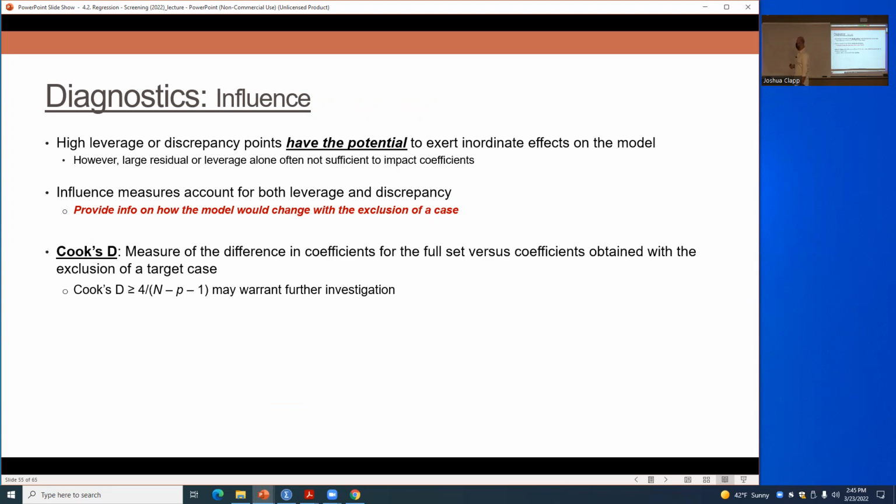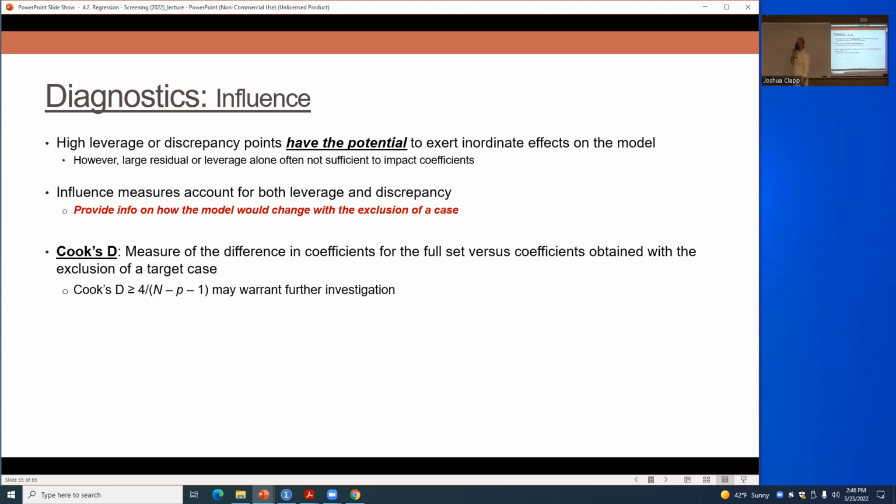Cook's D. This is looking at the difference in coefficients for the full set versus coefficients if we were to exclude the case. For this case, it's just one number, but the larger that number gets, the greater the influence of that case, as things start to change by quite a bit relative to the set with that case in or out.